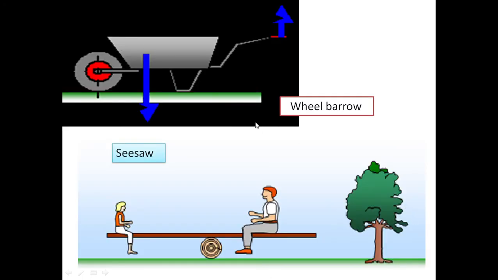Now another example is shown here, a wheelbarrow. Here also the rotation occurs. And the seesaw is also another example of turning effect. These are examples of rotation or turning effect of forces.